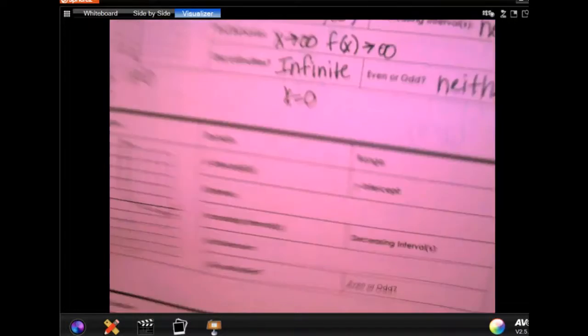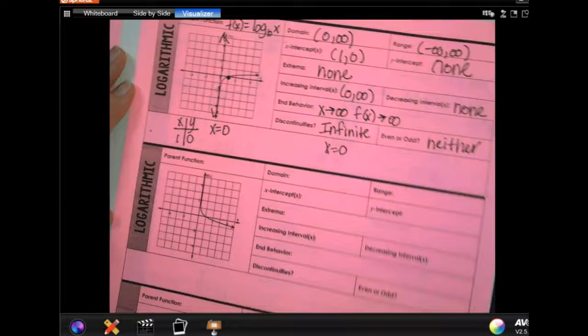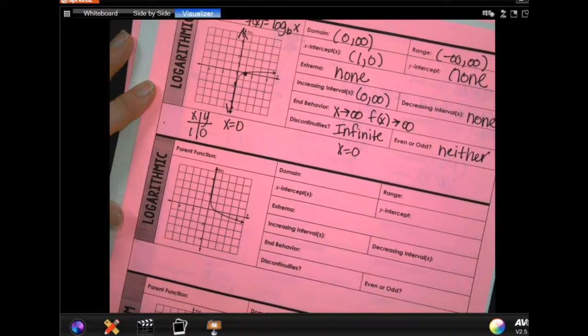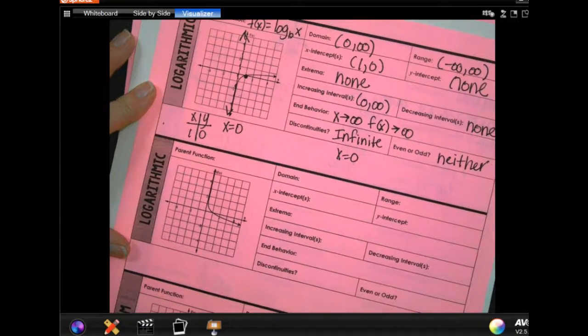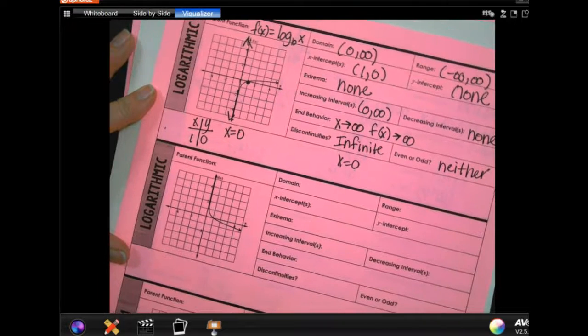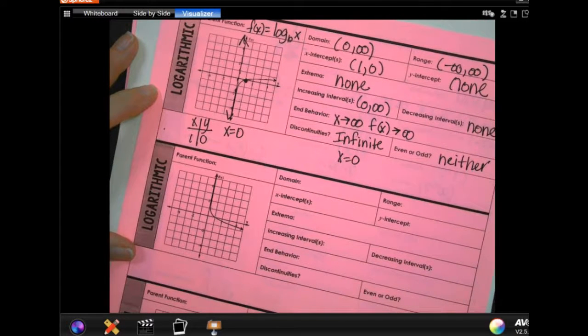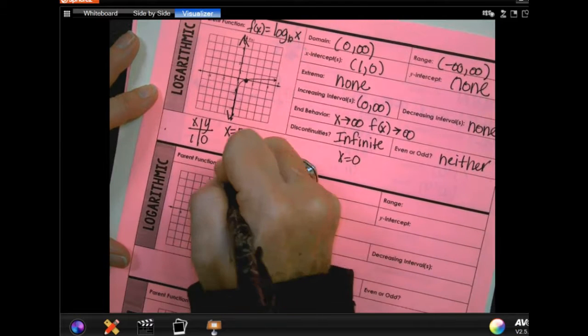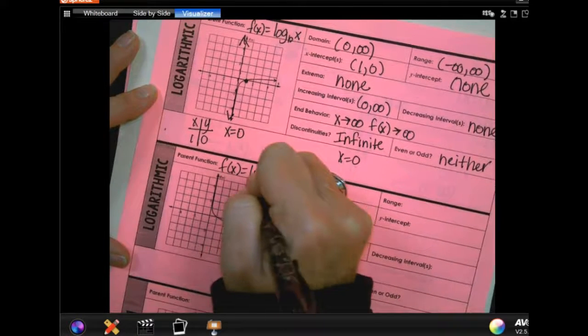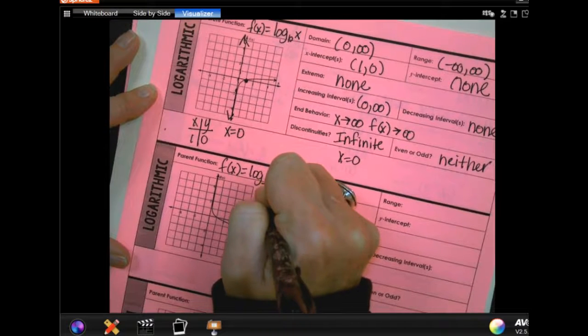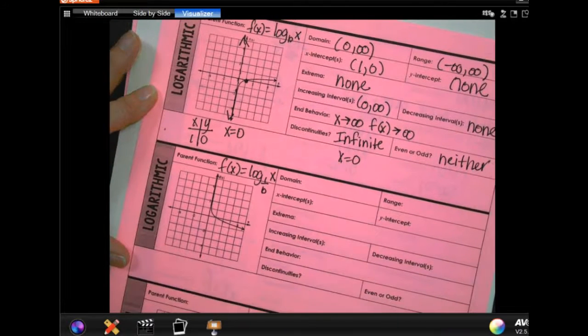So if you look at the logarithm, what did I do to this logarithm? It's not increasing, now it's decreasing, so how do you think I'm going to change that? Close. I'm going to put the 1 over the b, okay? So it would be f of x equals log of 1 over b to the x.